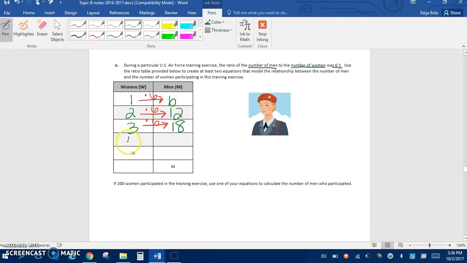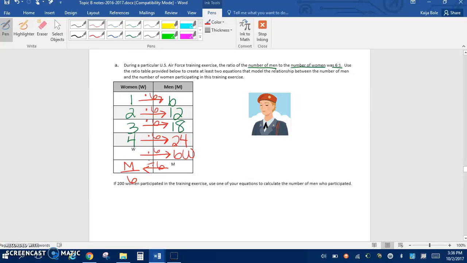If we had 4 women and multiplied across by 6, we would get 24 men. And if we had W, we're multiplying across by 6, so our equation would be 6 times W. Now if we're going back the other way from men, we are dividing by 6, so we would end up with M over 6.